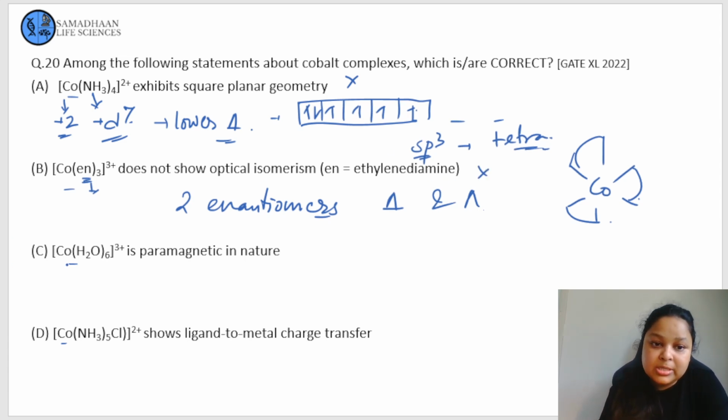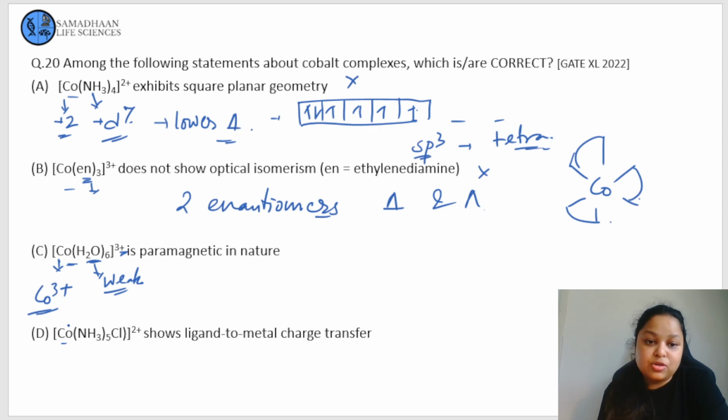Now the next option is the hexaaqua complex of cobalt. Here water is a weak field ligand, but cobalt is in a higher oxidation state, +3. This higher oxidation state attracts the water molecules towards its nucleus more forcefully.